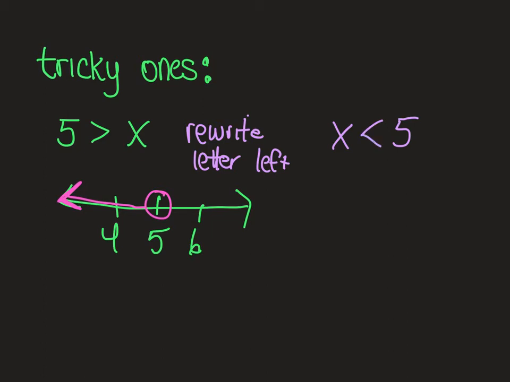Now x's are less than 5 and this picture makes sense. So on tricky ones, when they put the letter on the wrong side, rewrite it so that the letter is on the left, and whatever it was eating before, it's still eating it. Then try to say it correctly or use that arrow trick.